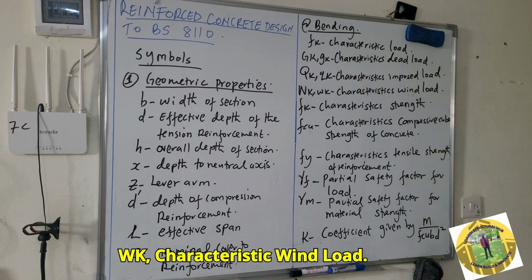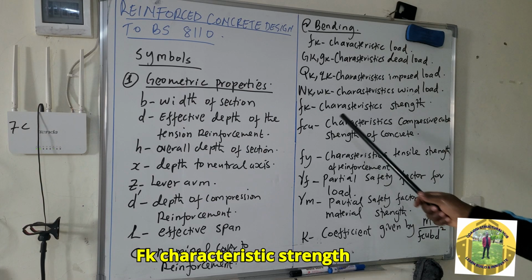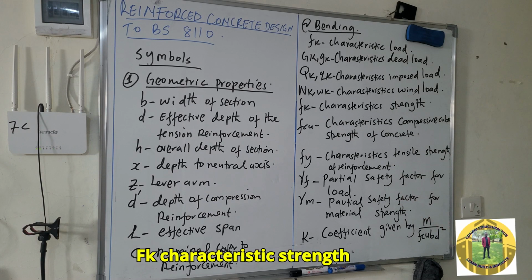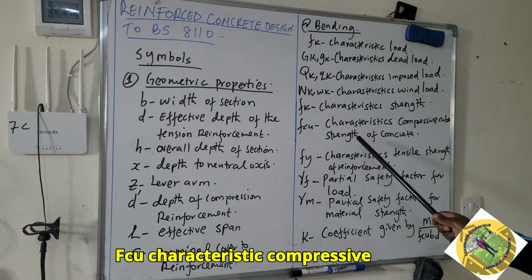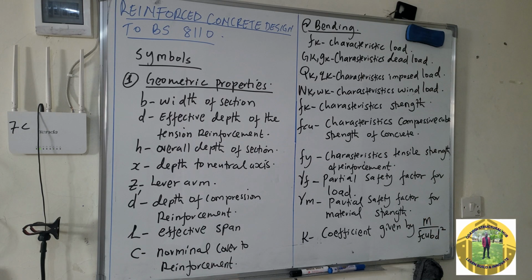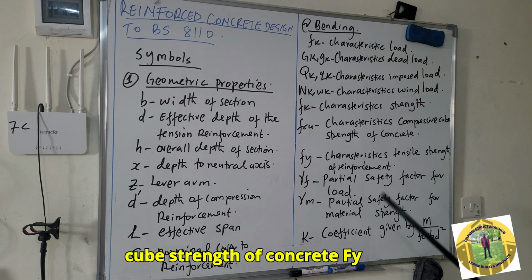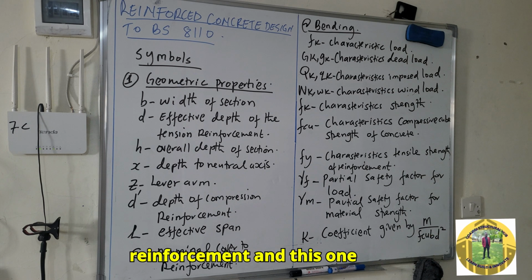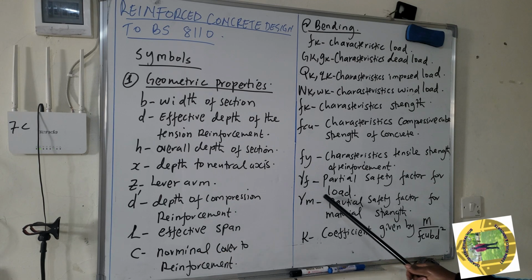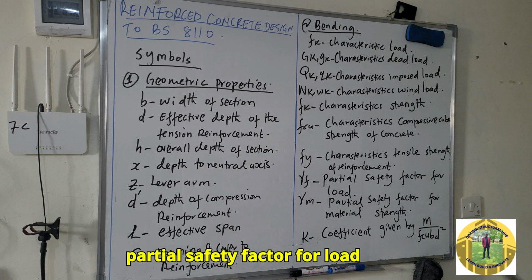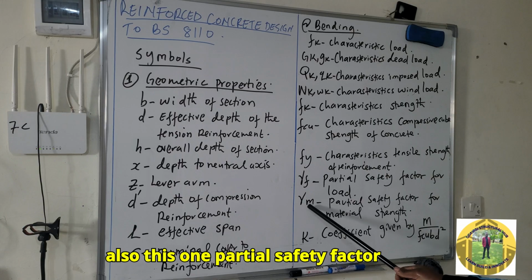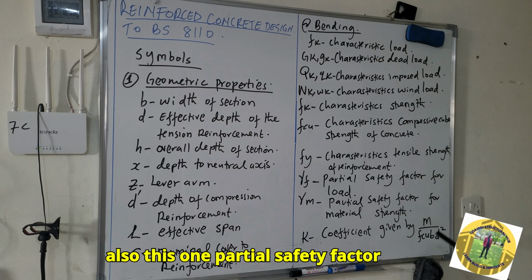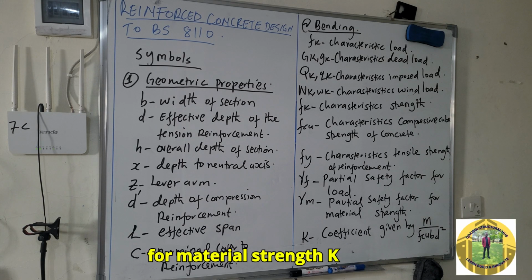Wk, characteristic wind load. fk, characteristic strength. fcu, characteristic compressive cube strength of concrete. fy, characteristic tensile strength of reinforcement. And this one, partial safety factor for load. Also this one, partial safety factor for material strength.